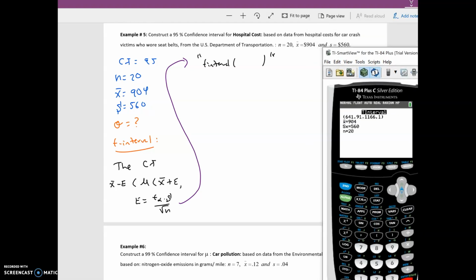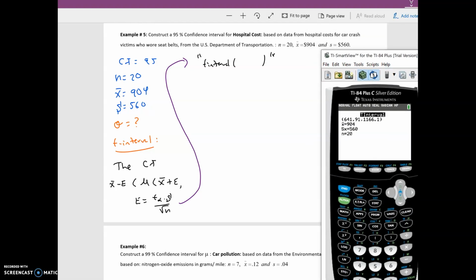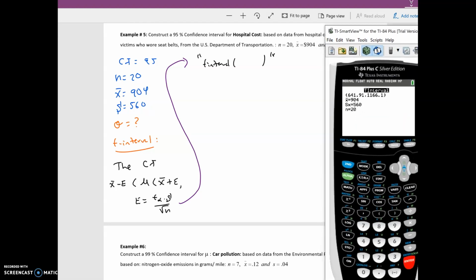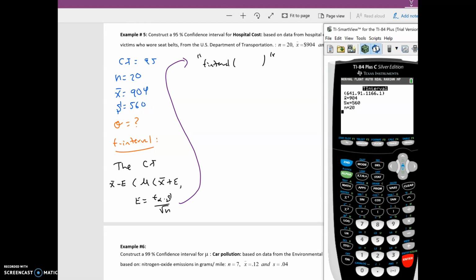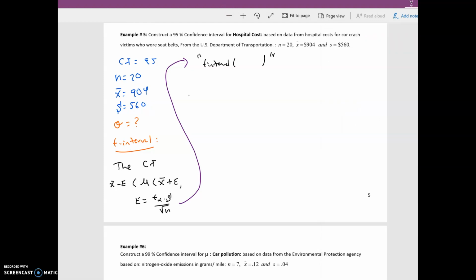Once again, the mean of the sample is 904, standard deviation of the sample is 560, and you have a total of 20 values. Now, you would simply say in your disclaimer that the 95% CI for mu is given to be the following two values, or the following interval in this case.